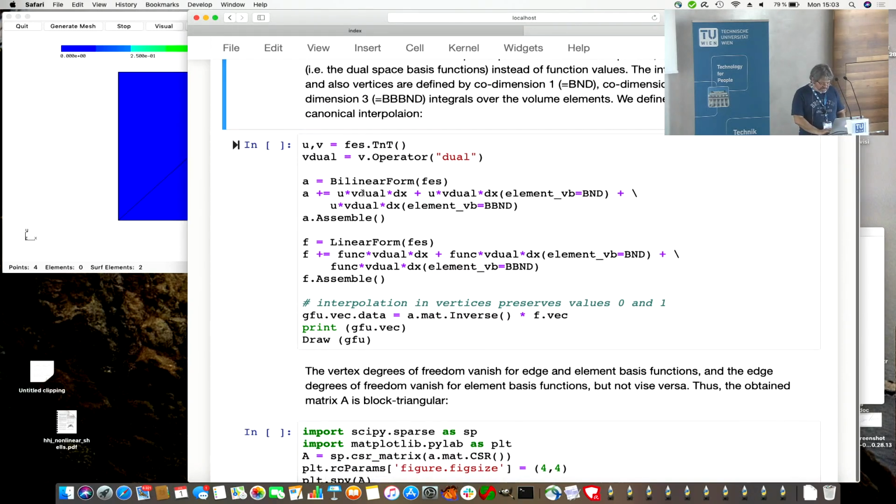Okay, so here we have these three integrals, where we apply the u, and the dual basis functions, which we get by the dual operator. So if we have a test function from some finite element space, it provides us with a dual operator, dual basis functions.